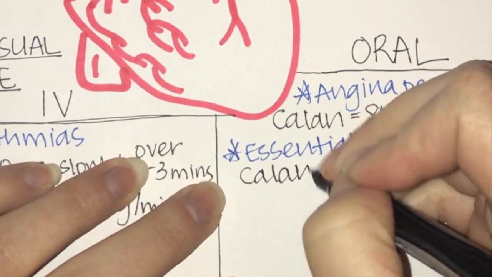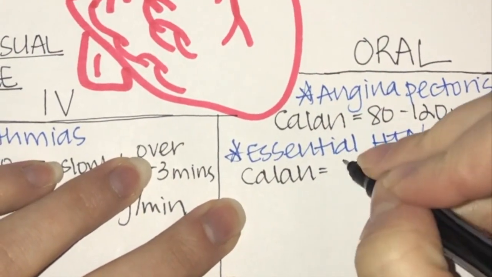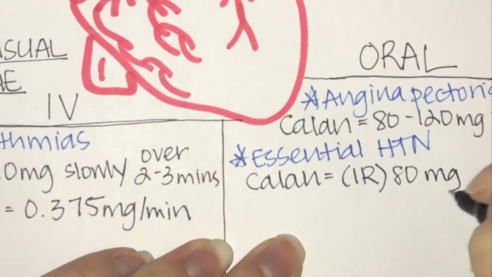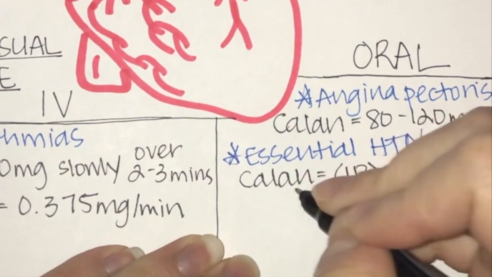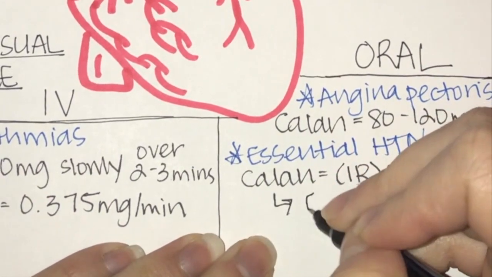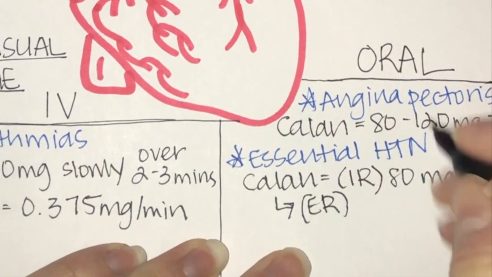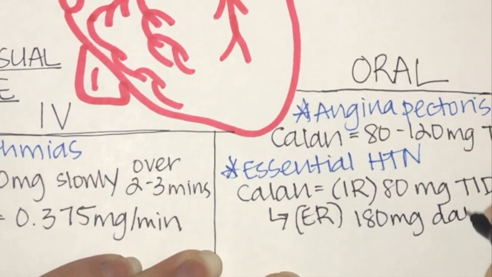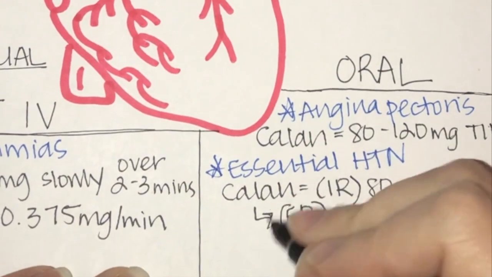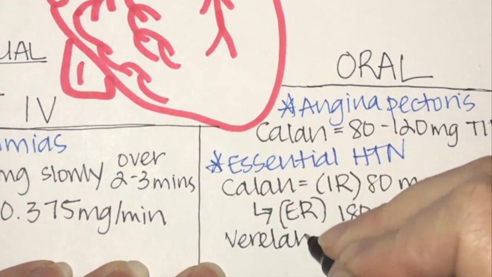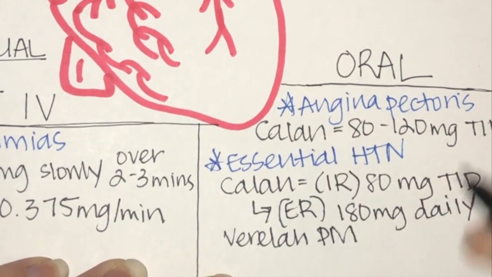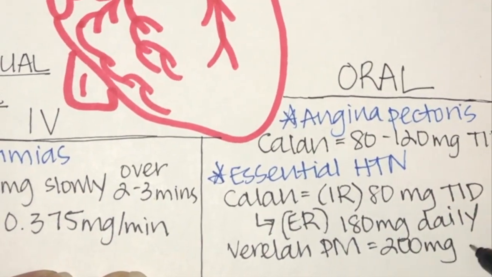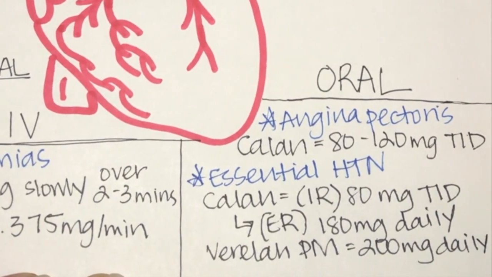So Calan comes in immediate release, and that dose is 80 milligrams 3 times a day. Or it can come in extended release tablets, and that dose is 180 milligrams daily. Another option is Verelan PM, and that is 200 milligrams daily at bedtime.